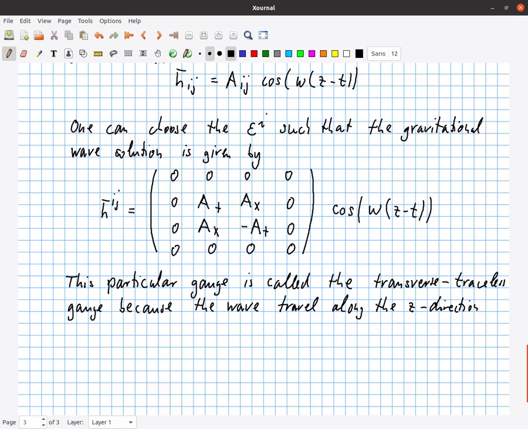It is only non-zero in the x-y directions, which means you have the effect that objects experience a deviation from their regular position only along the x and y directions.